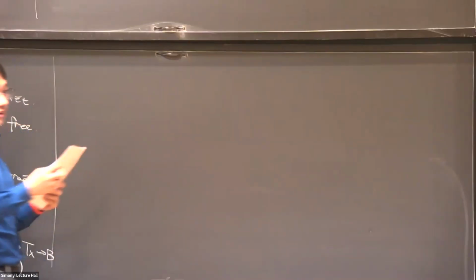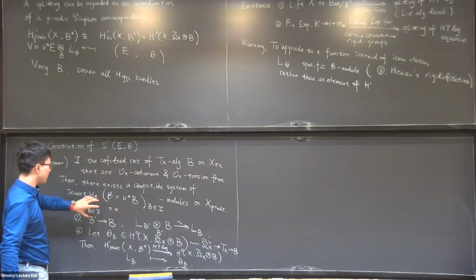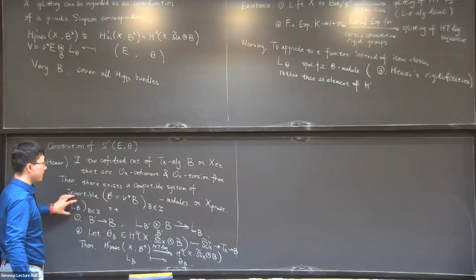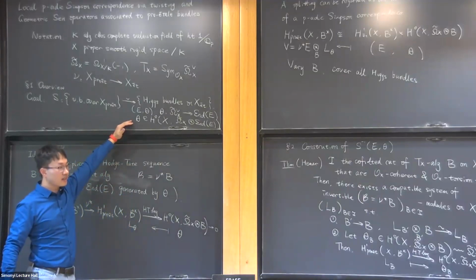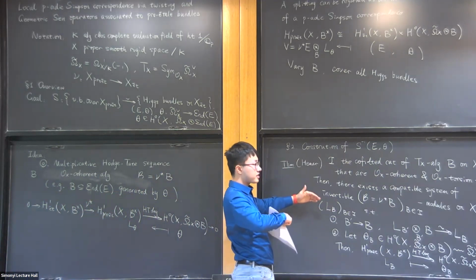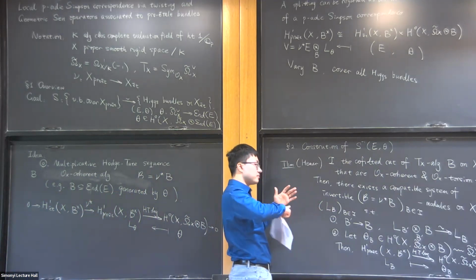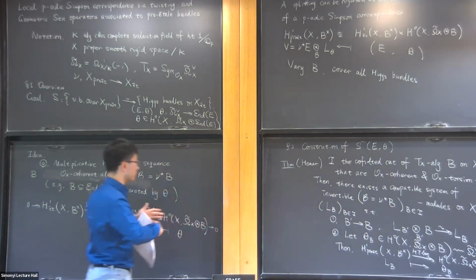Sorry, is the idea that each choice gives an equivalence? Yes, I think so. If you can pick such a compatible system, then you obtain a functor. If you pick a different compatible system, there exists some isomorphism between them, but not unique, not canonical.